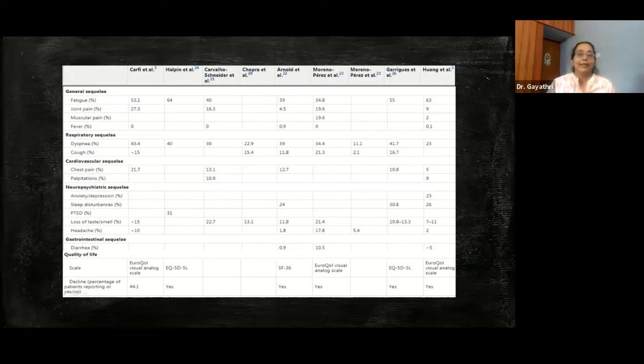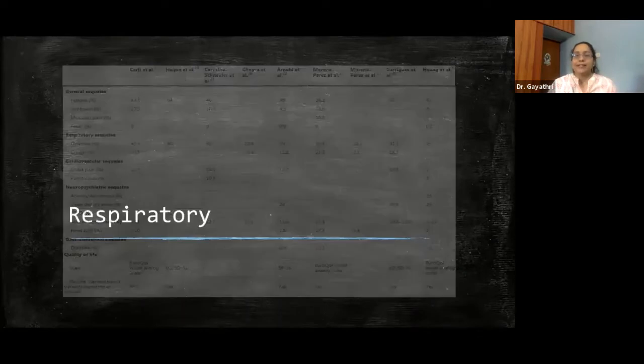And definitely the quality of life is also reduced to a major extent in many patients who are afflicted with post-COVID syndrome. Okay, so now each and every system we will see in detail.